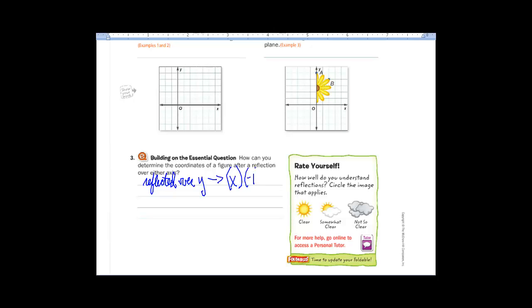You have to multiply it by -1. If it is being reflected over the x, then you have to multiply the y values times -1, which basically just flips all of those. And that is a reflection. That is a reflection. Okay?